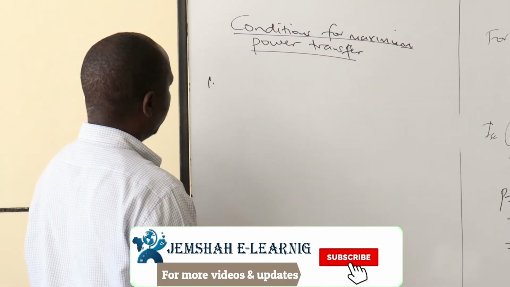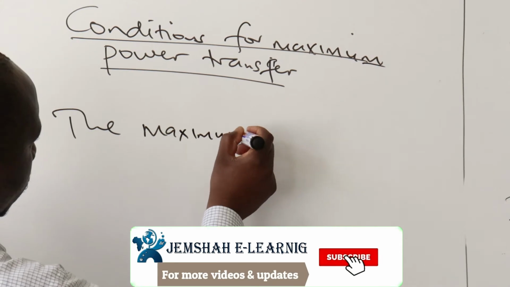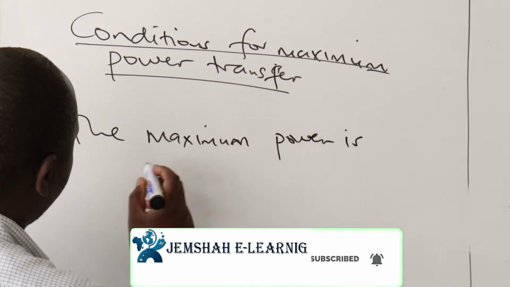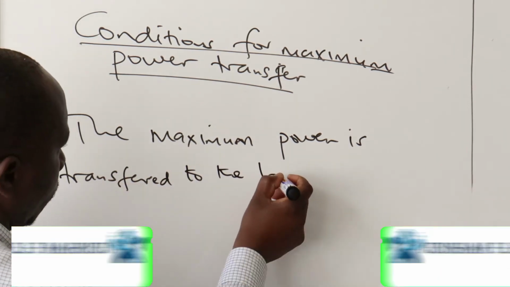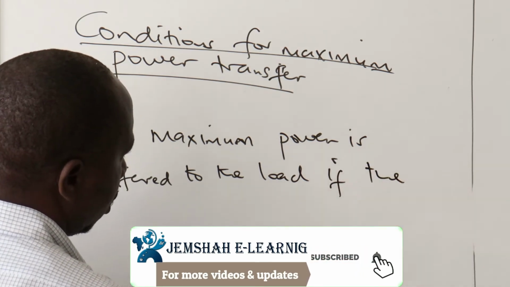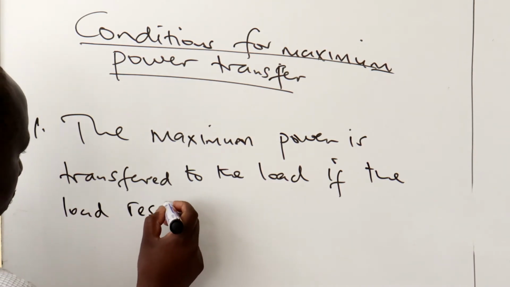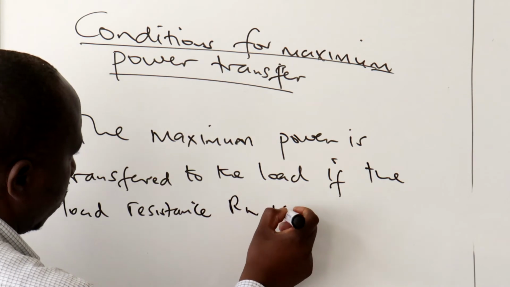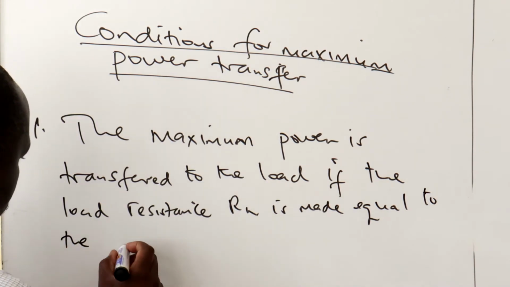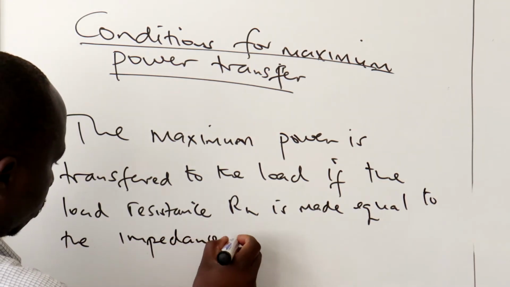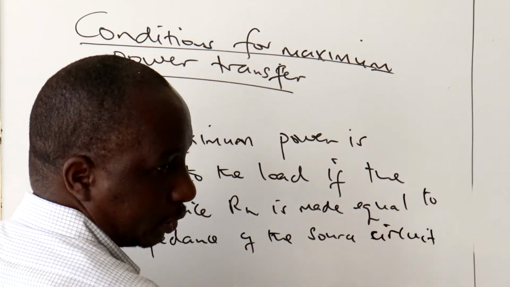The first condition is that the maximum power is transferred to the load if the load resistance R of L is made equal to the impedance of the source circuit.